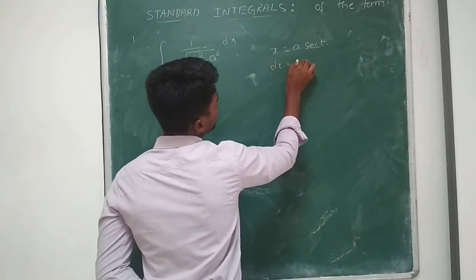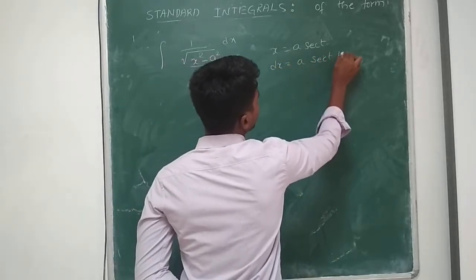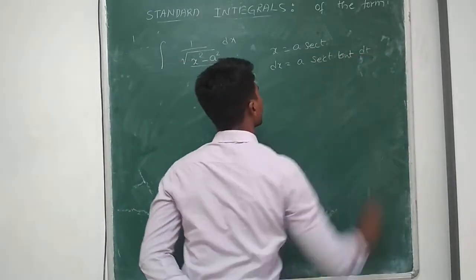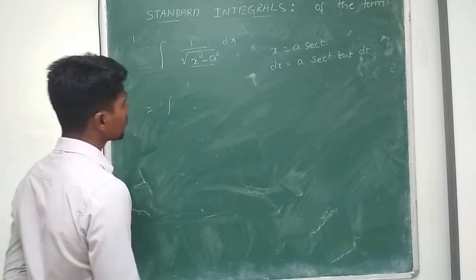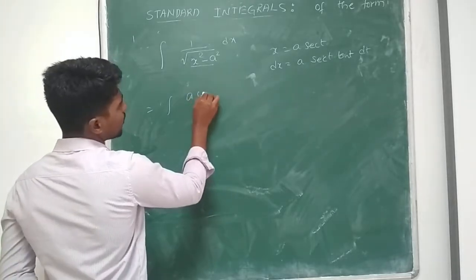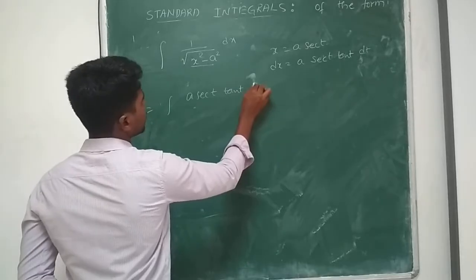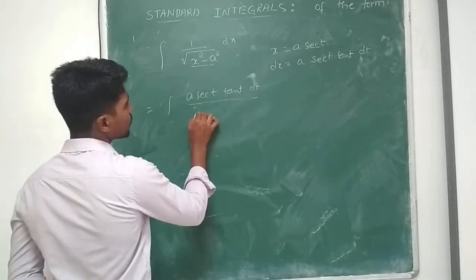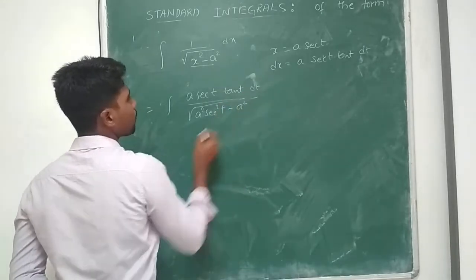So dx will be equal to a into secant t into tan t dt. Now the integral can be written as a secant t into tan t dt by root of a square secant square t minus a square.